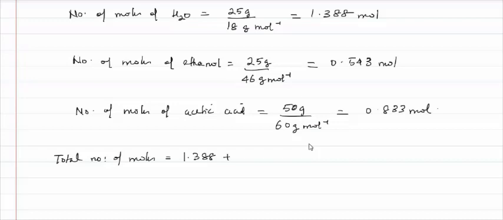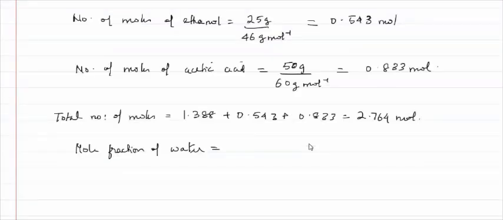Now total number of moles is equal to 1.388 plus 0.543 plus 0.833 is equal to 2.764 moles. So mole fraction of water is equal to number of moles of water, that is 1.388 divided by total number of moles, 2.746 moles.